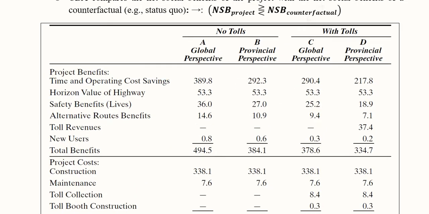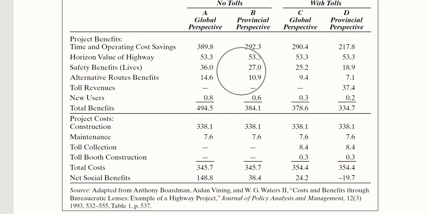So out of these dimensions, this is a table that lists 2 of them, that is tolls or no tolls. And further we have the perspectives. These perspectives can be from a global point of view or national point of view or provincial point of view or local point of view.